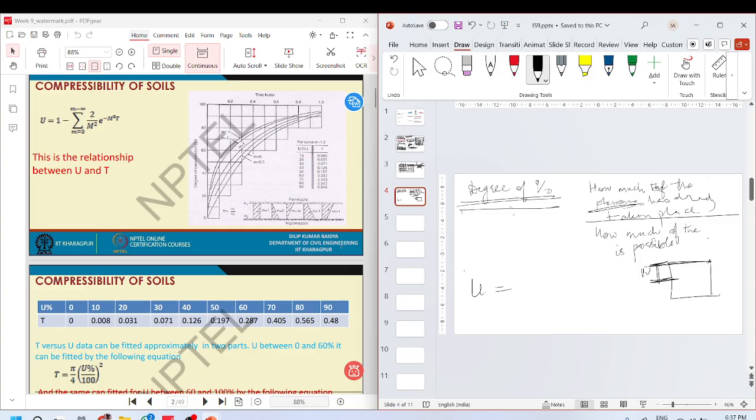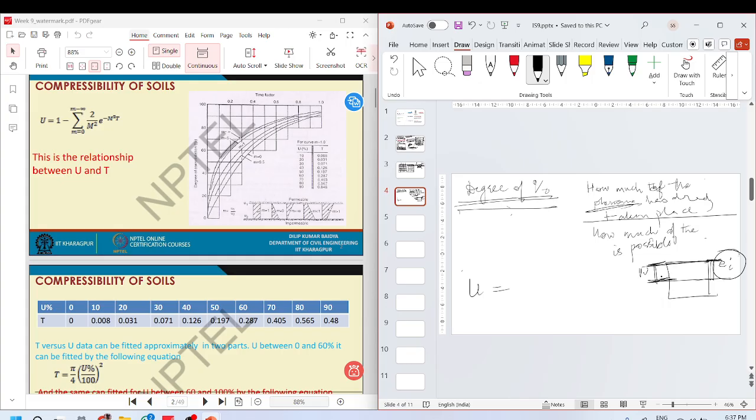So if the total void ratio initially is e_i, then the total possibility of change will depend on e_i, isn't it? Degree of consolidation will tell you what the void ratio is when you compare it with what it initially was.